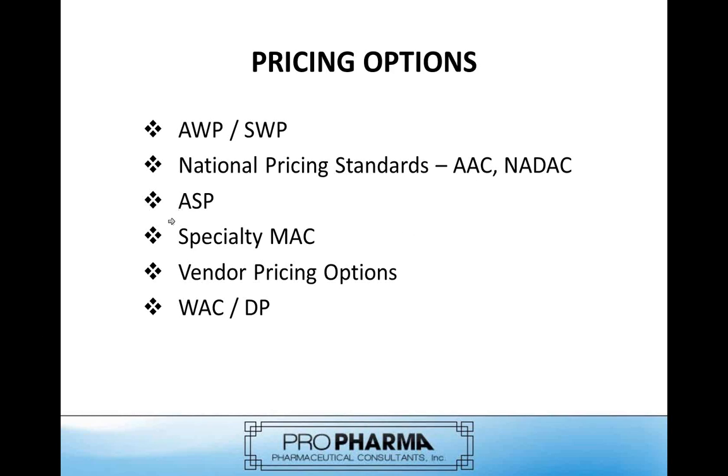ASP is used for Medicare, and then there's at least 33 states that have published specialty MAC lists included in their overall maximum allowable cost pricing for generic drugs, but they've also published, as part of or separate, a specialty maximum allowable cost that they will allow for specialty medications.